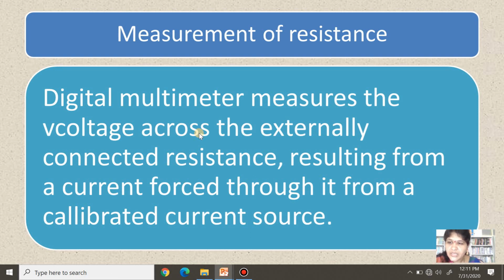This voltage is due to the current given by the calibrated current source. You can see in the diagram that we have the constant current source.